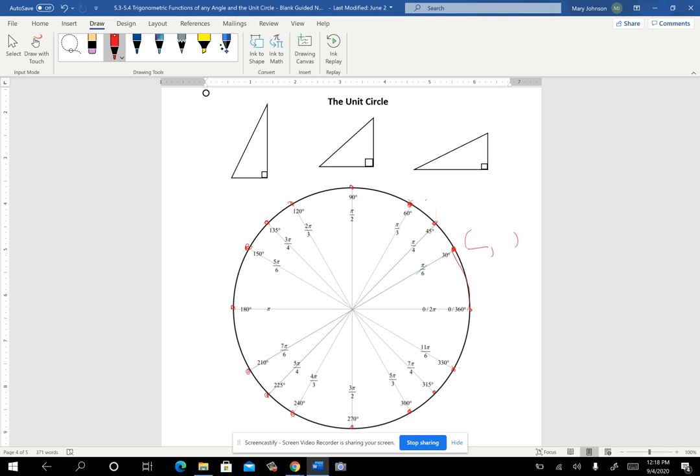And if this is a unit circle, I should have said it the other way. If this is a unit circle, then we're looking for the cosine and the sine of this number. And that's going to be the same as the cosine or the sine of this angle because we're on a unit circle. Okay. All right, so let's think about these special right triangles.